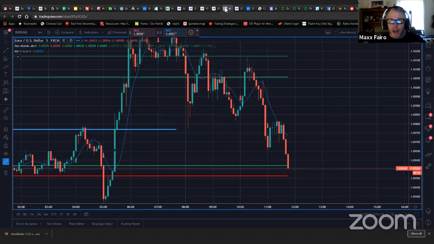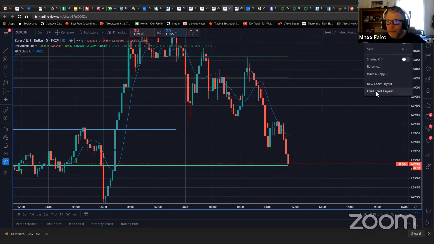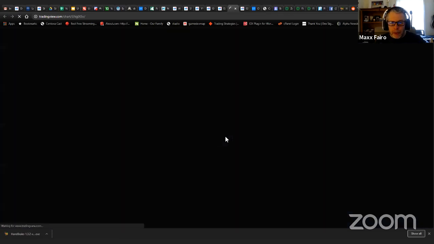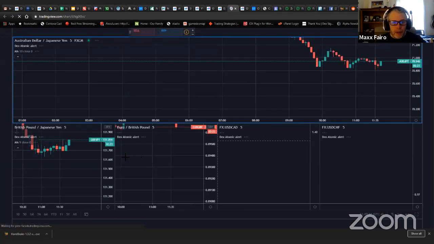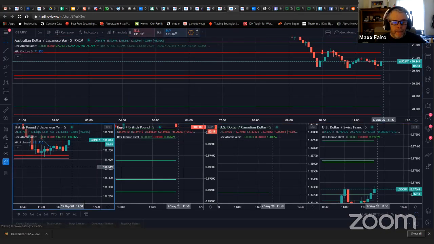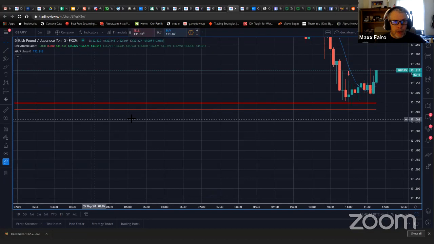Let's go have a look at the GJ here to see how well. We're going to pull up the Dex 1 hour secondary. There's some GJ there.